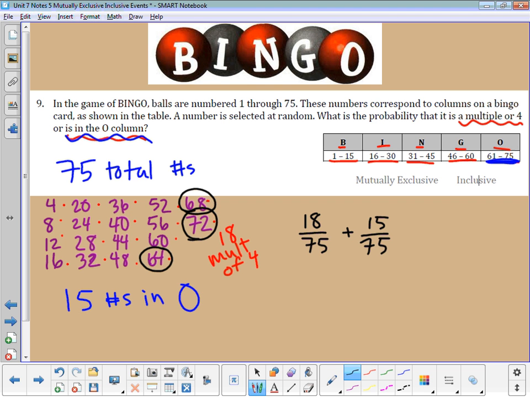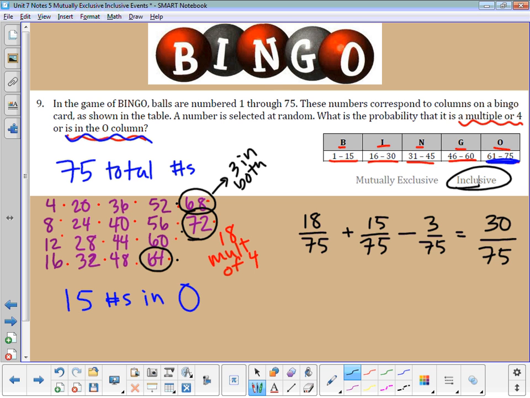But I have to take away 1, 2, 3, because there's 3 in both. So that's minus 3 out of 75. And by the way, that means these are inclusive events. If I add those together, 18 plus 15 minus 3 gives me 30 out of 75. I can reduce that.